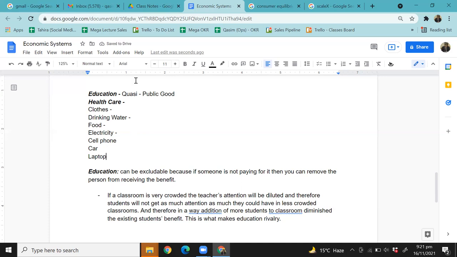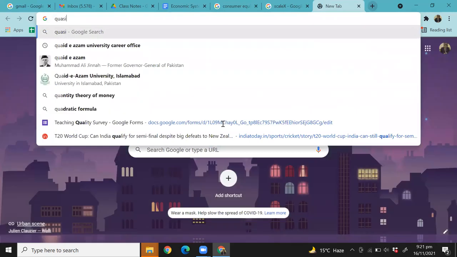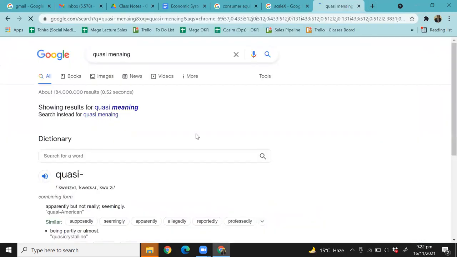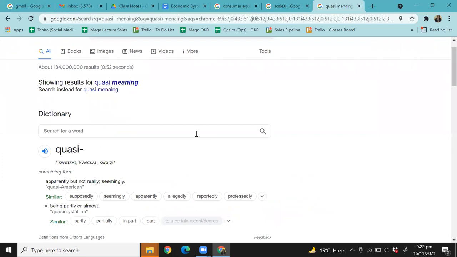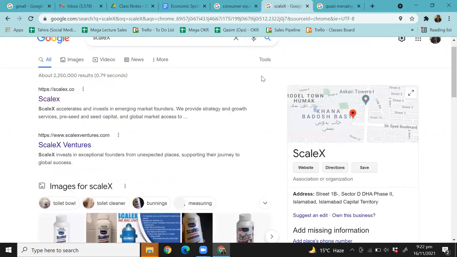Students, Khadija and Khizr, quasi exact, right? Exact meaning I would need to check. Semi, apparently not really, seemingly, being partly or almost, not exactly, but almost, right? Is it making sense? So that's the reason why you can't say it's a pure public good.